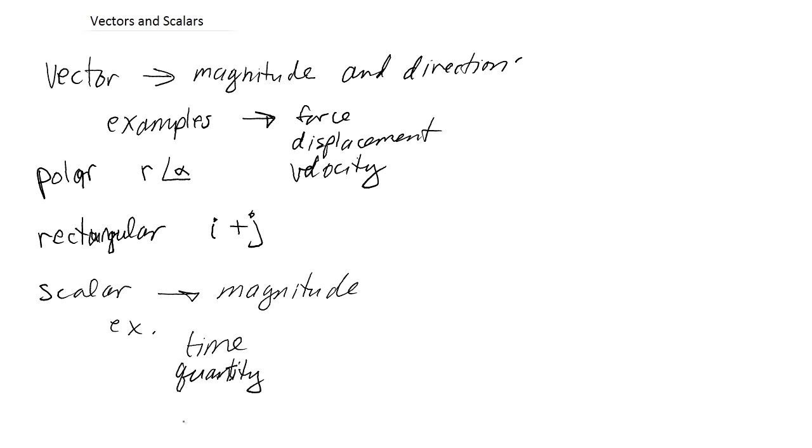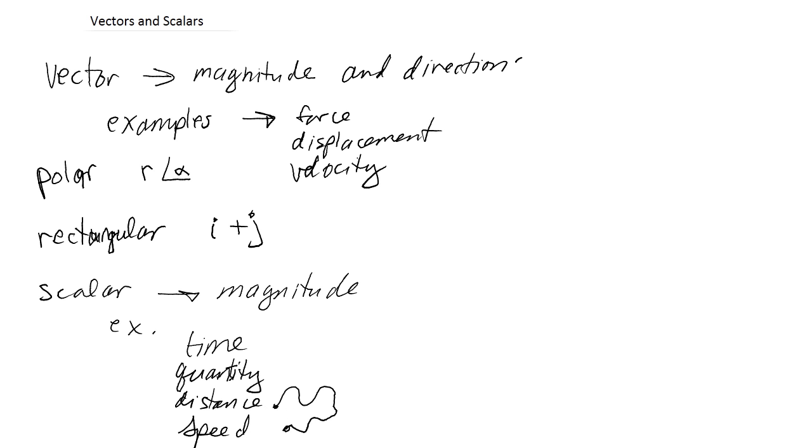And then some physics values like distance and speed. Those are also scalars because they don't have a direction associated with them. Distance is a path. You're taking this windy path and you end up here. Your entire path is counted in the distance.